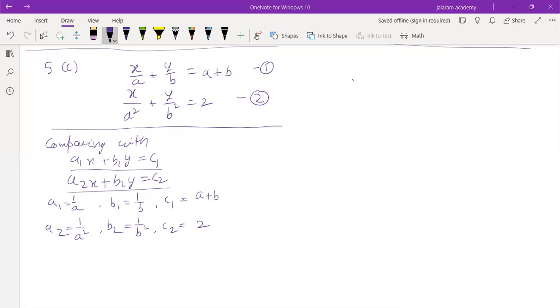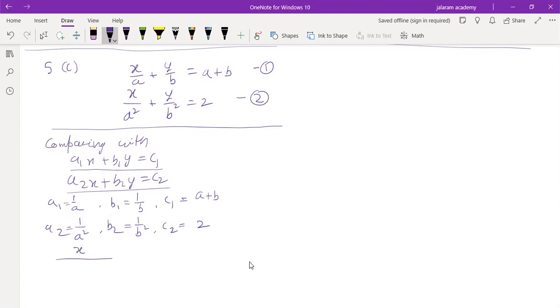After writing the values of a1, b1 and c1, first we write x upon the second column of coefficients.